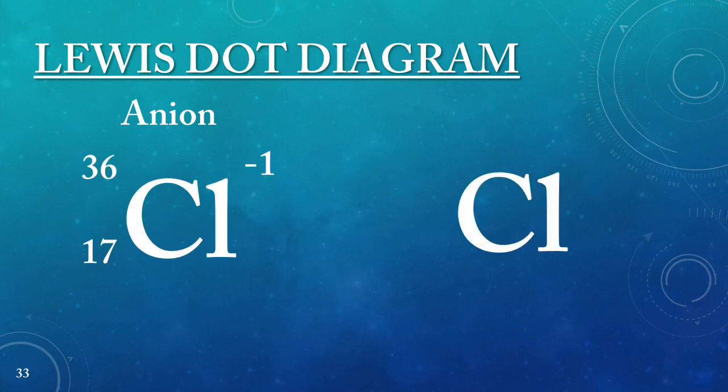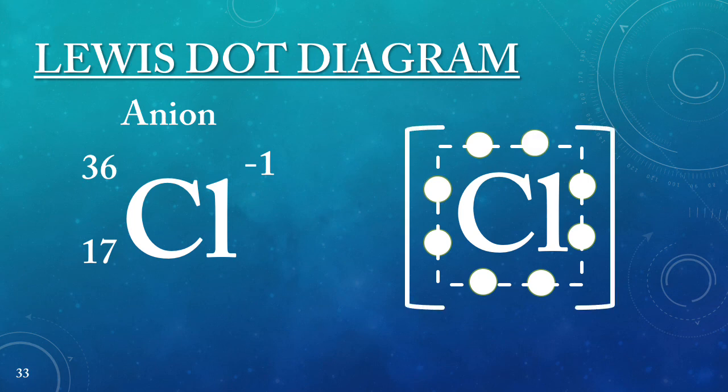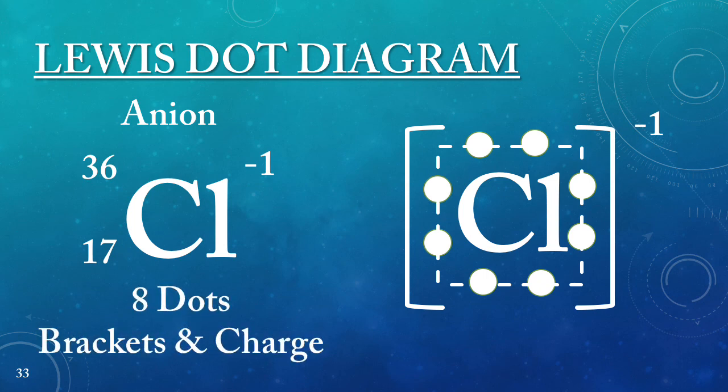So I have chlorine, Cl, the box, 8 dots, brackets to show that it's an ion, in this case an anion, and the negative charge on the outside. So we do show 8 dots for anions because it's now happy. Okay, it has brackets and the charge.